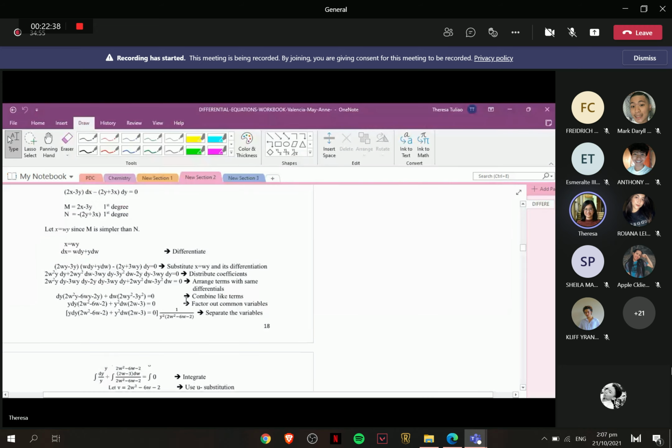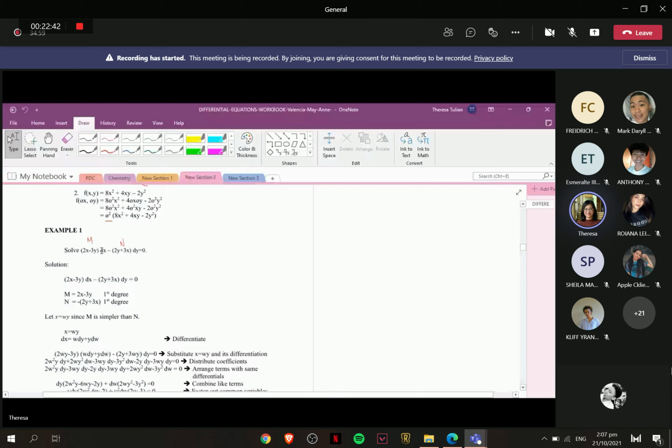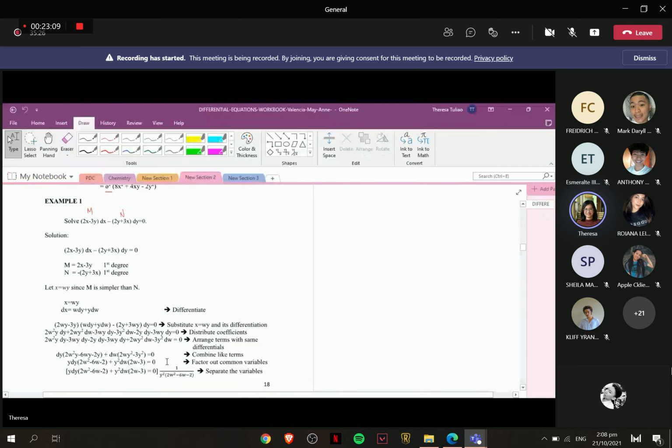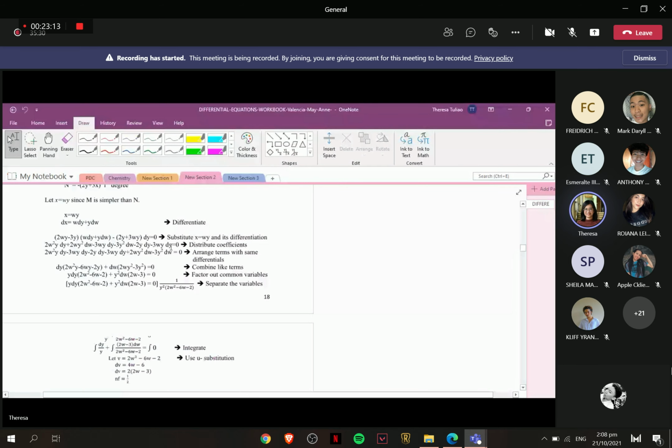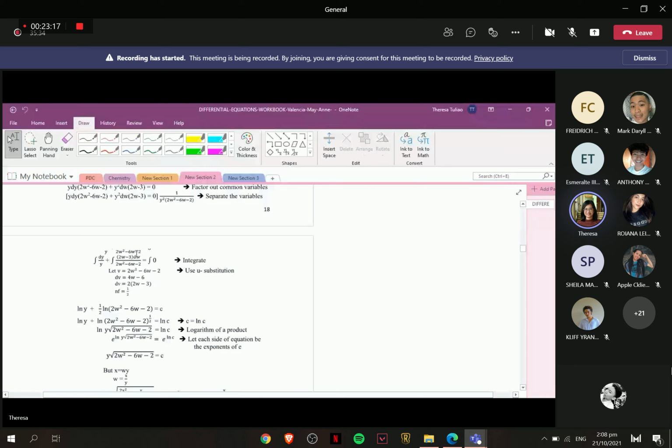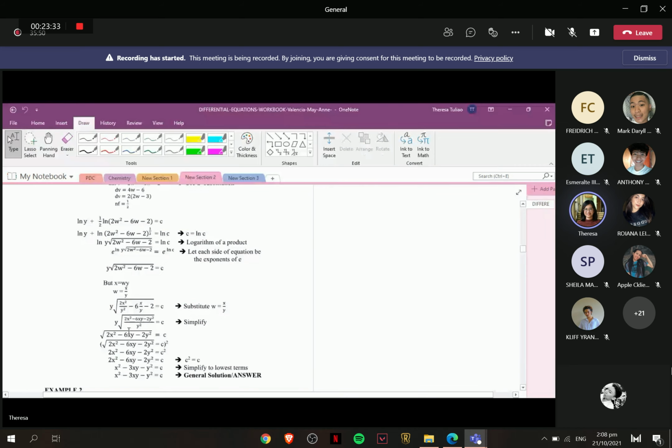So, again, first step is to identify if it is homogeneous, and then identify which one is simpler, is it m or n, and then use either x substitution or y substitution, get the derivative, okay, and then substitute x or dx or y or dy to the original equation, okay, distribute coefficients, arrange terms with the same differentials, okay, and then do variable separation, okay, and then integrate, okay, use the necessary integration rule in order to get the solution, okay, and then once you have the solution, you must now substitute back your w and then simplify it to the lowest term.